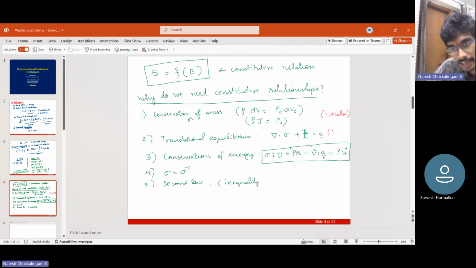The second one is one vector equation, which is equivalent to three scalar equations. And the third one is a scalar equation.